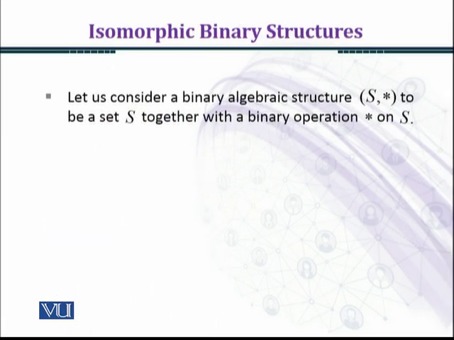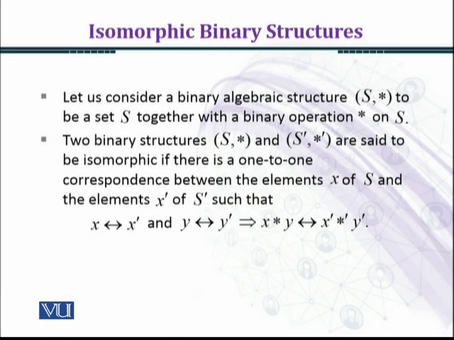Let us consider a binary structure (S, star) to be a set S together with a binary operation star on S. Two binary structures (S, star) and (S', star') are said to be isomorphic if there is a one-to-one correspondence between the elements x and x', y and y', implies there is a one-to-one correspondence between x star y and x' star' y'.